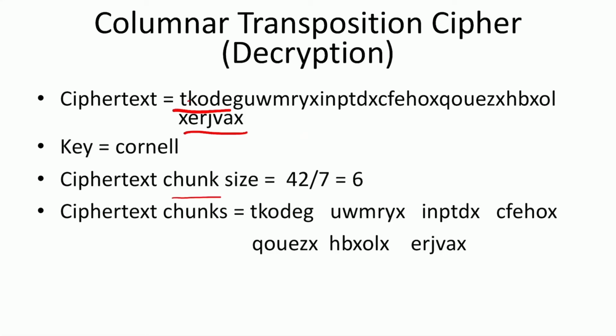So we are going to find out the number of letters in the ciphertext, which is 42, and then we'll divide that by the length of the key, which is 7. So we get 6. Basically, this means that we are going to divide the ciphertext into chunks of 6 letters, which means that we have columns, each having 6 letters.